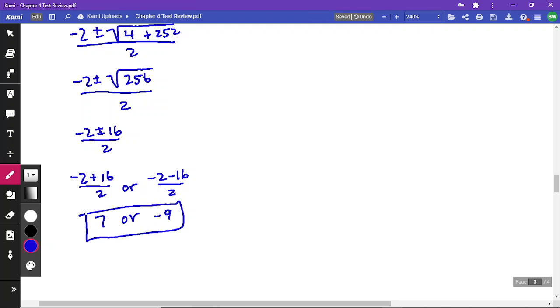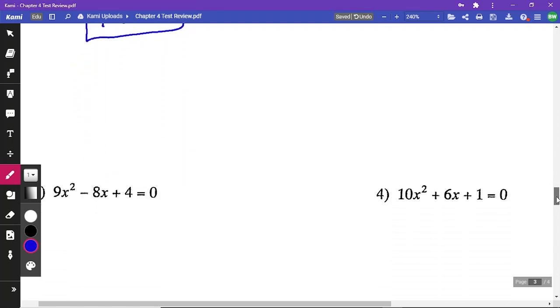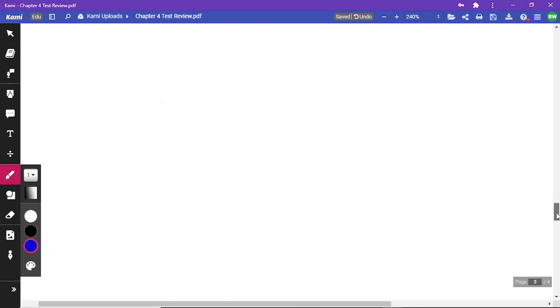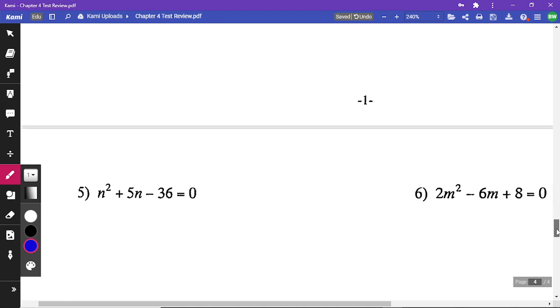So we're not going to do the others on this page. You did them on the graded review. So on the next page, though, we're going to do some of these. The first 4 you did not do. Let's see.